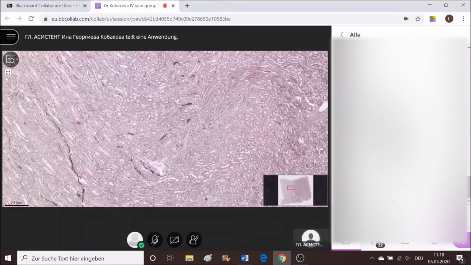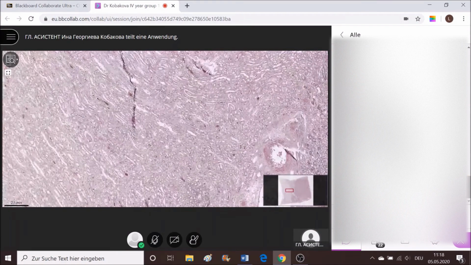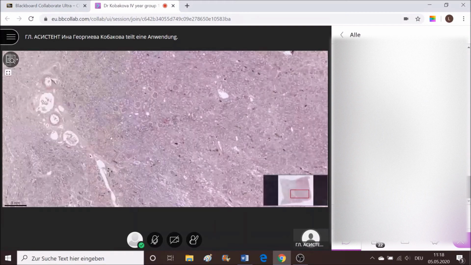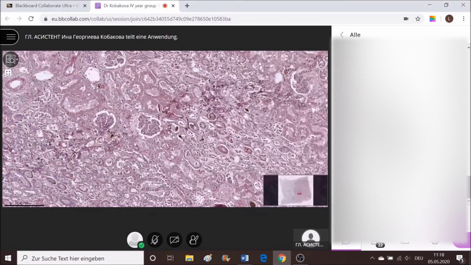We're now deeper in the cortex, finishing and going up to the pylon, according to me. Yeah. So let's go back to the cortex again. Majorly, that is what you should be able to observe.